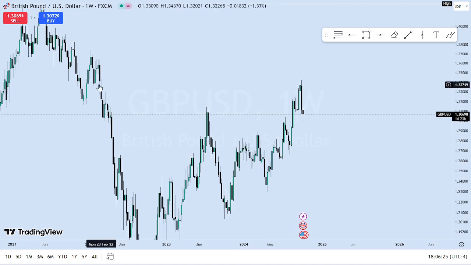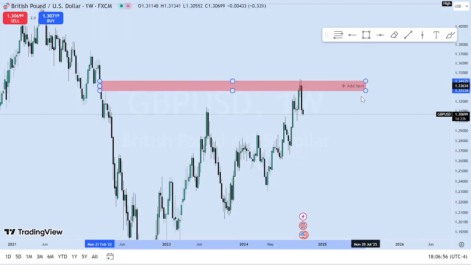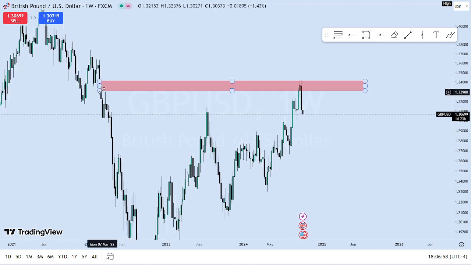You can see how price has delivered into this inefficiency, the weekly volume imbalance. Between this candle where price closed low, and this candle high where the bearish candle opened, the gap there is the volume imbalance.